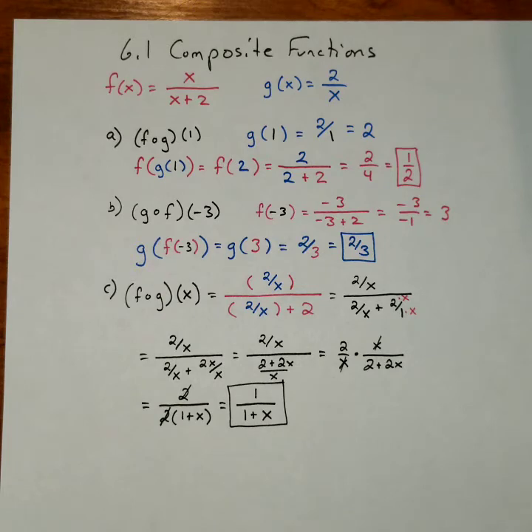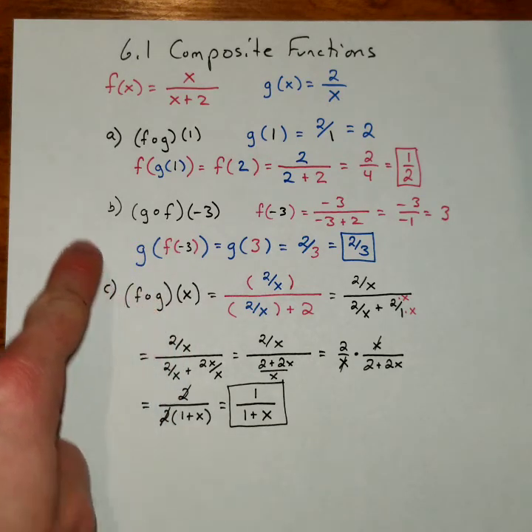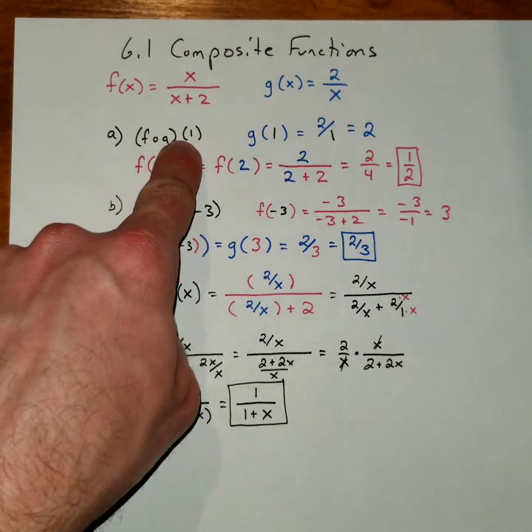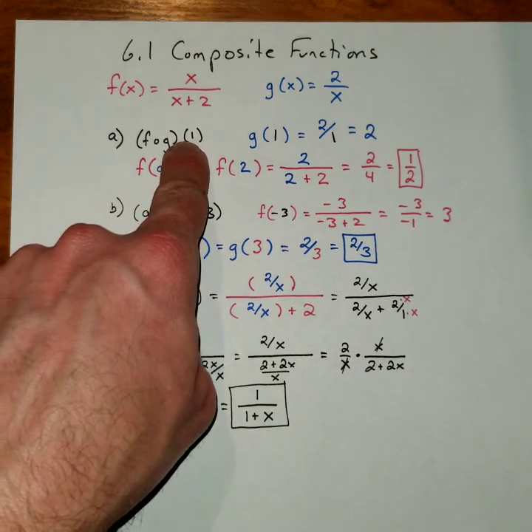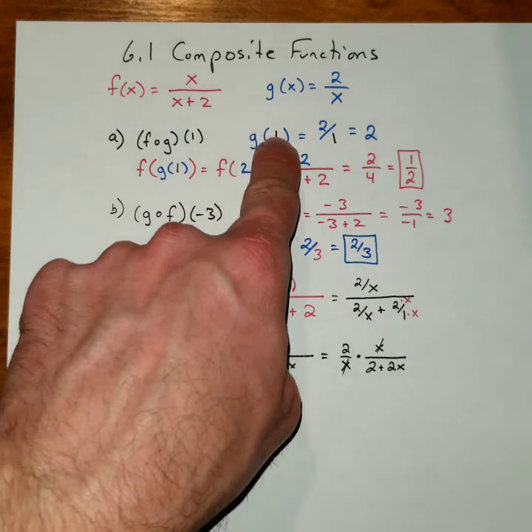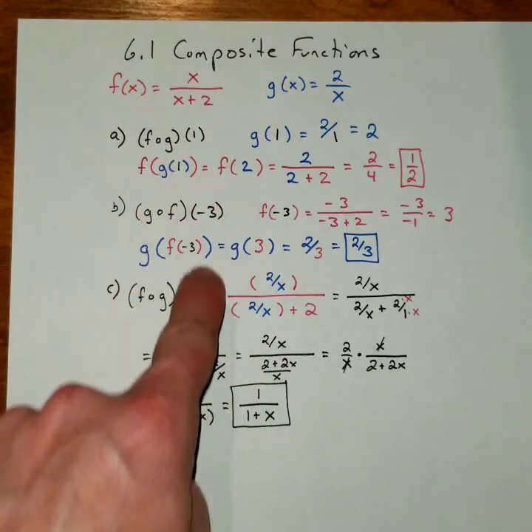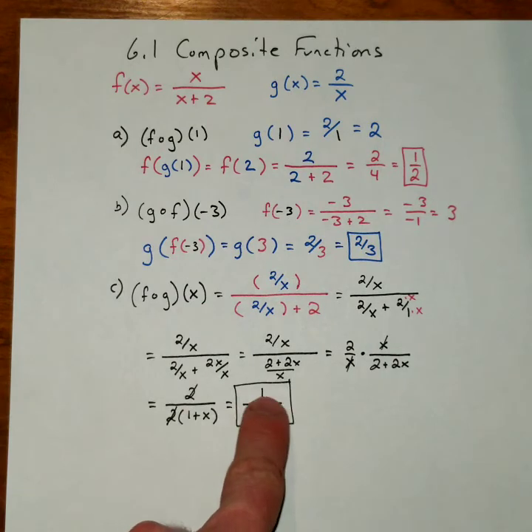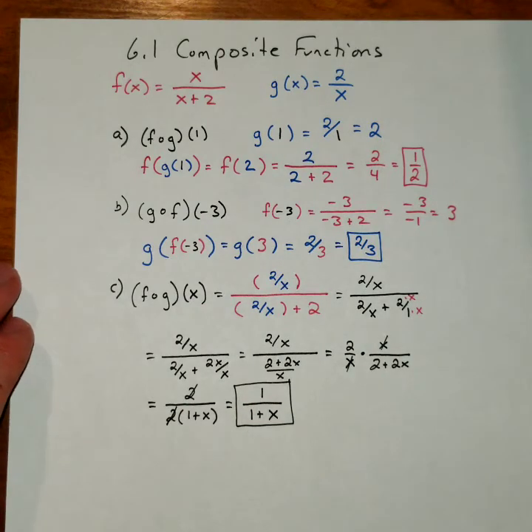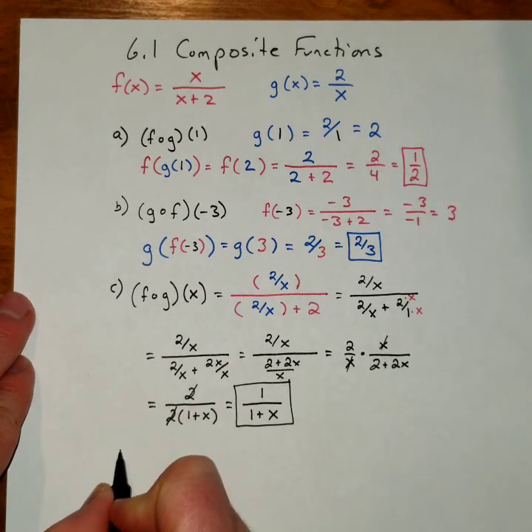What is interesting about that function is that if I were to go back, notice up here I have f of g of 1. If I were to take that 1, and instead of just sequentially plugging it into g and f, if I just go down and plug it into this new function, I should get the same output. Okay, so for part D, let's do that.